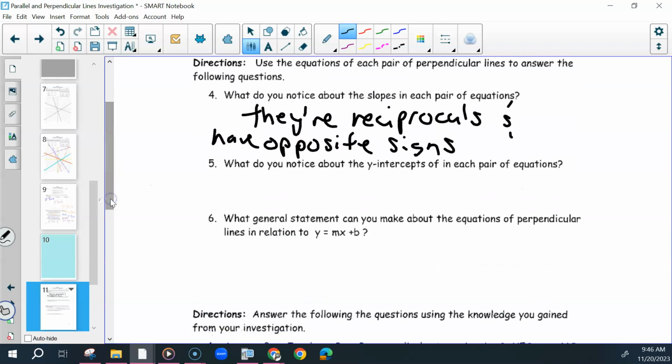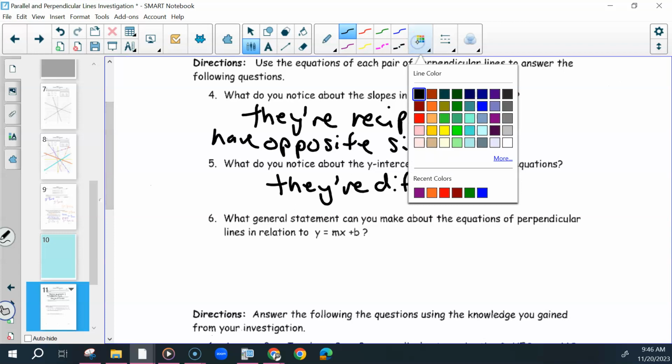What about the y-intercepts? They're different. Really, the y-intercepts don't even matter for perpendicular lines. They can be the same, they can be different, it doesn't matter.